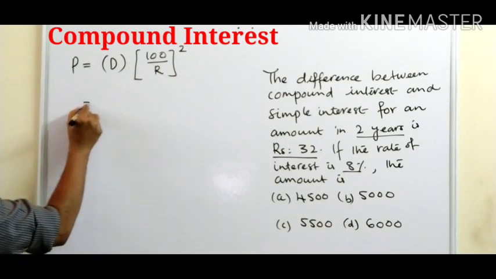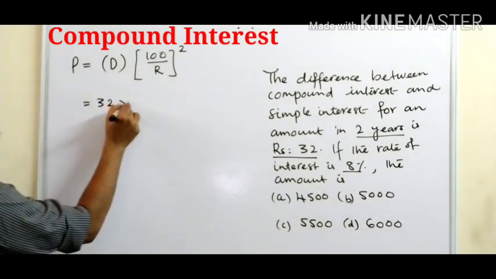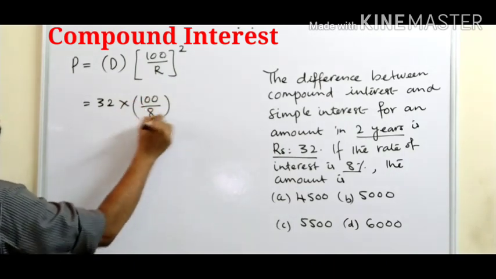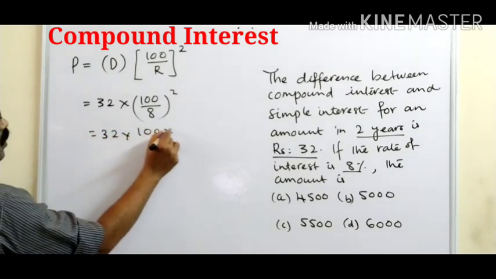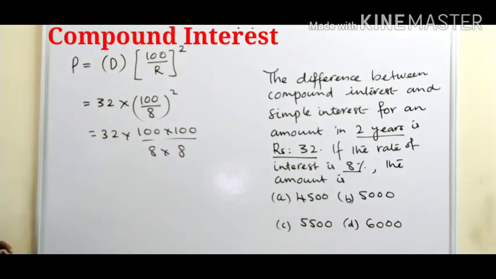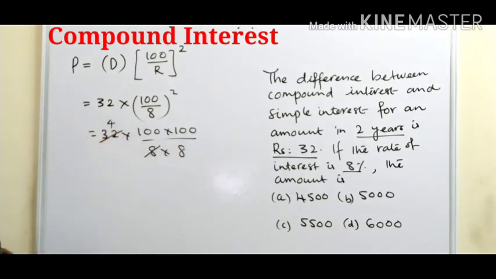So here accordingly D is given to you. How much is the difference D? 32 into 100 by R, 100 by 8 square. So this will become 32 into 100 into 100 by 8 into 8. So now I can put this 8 here. How many times? 4 times.